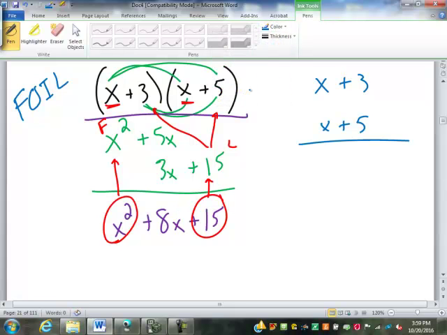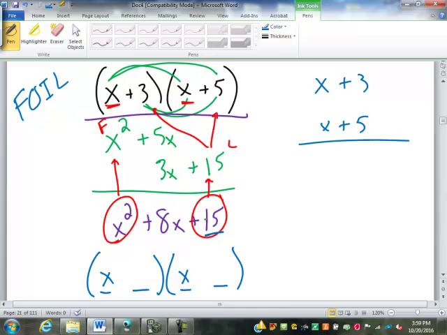So if I wanted to reverse this process, I have to find numbers for the first digits that multiply to make x squared. Well, that's pretty simple. Only x times x makes x squared. Then for my last 2 digits, I have to find numbers that multiply to make 15. I only have 2 possibilities here: 1 times 15 or 3 times 5.